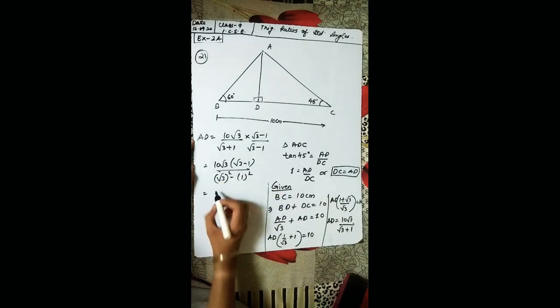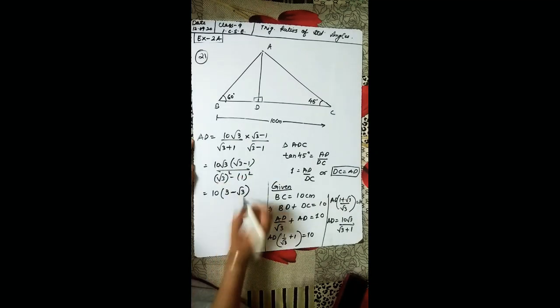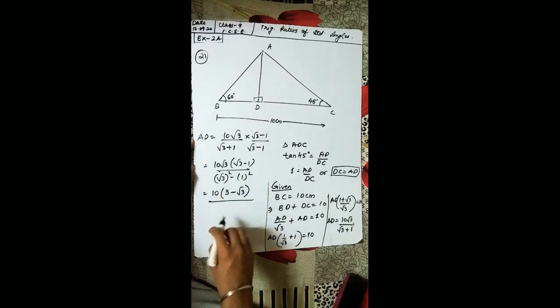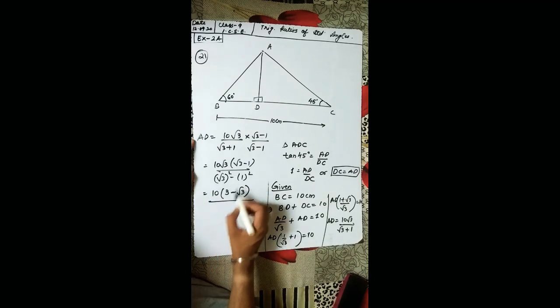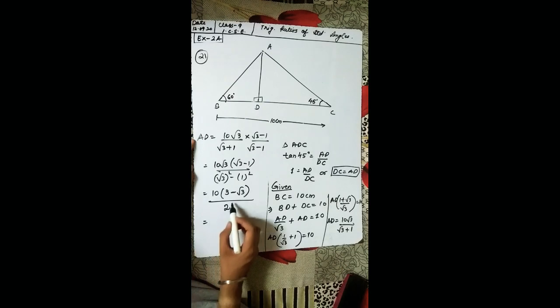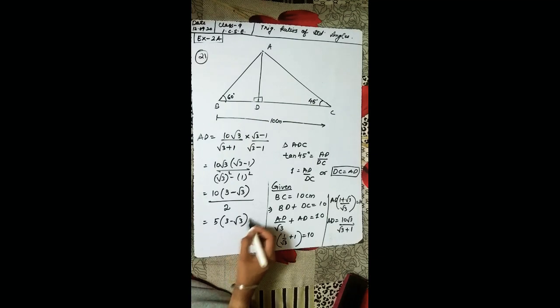Now multiply root 3 inside, so 10 bracket, this root 3 into root 3 will get 3, and this you will get root 3, upon, what is this? Root 3 whole square is 3 minus 1, what? 2. Now you cancel this 2 with this 10, so what you will get? 5 bracket 3 minus root 3 centimeter. So this is the appropriate answer.